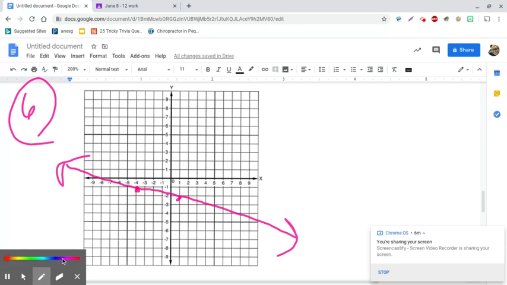Let's make it a different color so we can see it a little better. We're going down 1 and then over. If we go down, it's a -1. How many are we going over? 1, 2, 3, 4, 5. So 5.